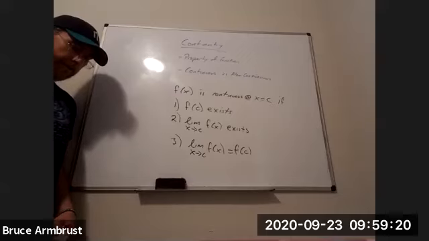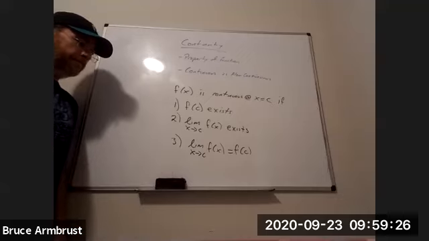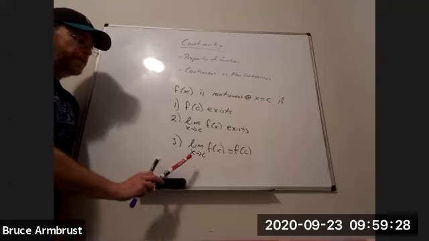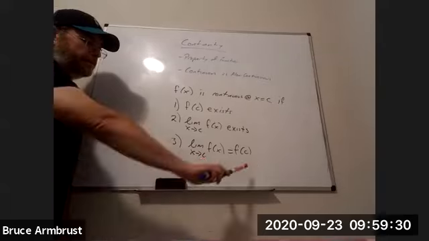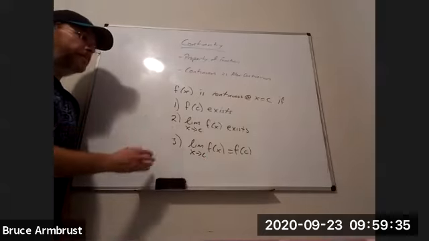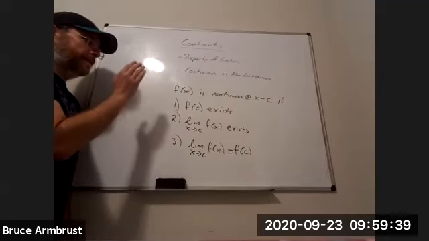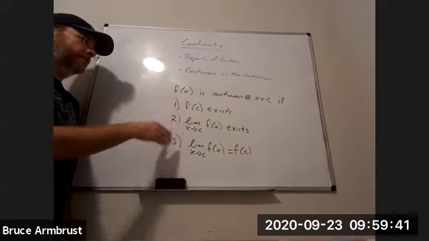All right, now in some books, and I'm not actually sure what our book shows, some books will show only this third condition. Because when you write this statement, it sort of implies that the limit exists and that the function exists. I like to write it out separately because it's important to realize that it's necessary for the function to exist.